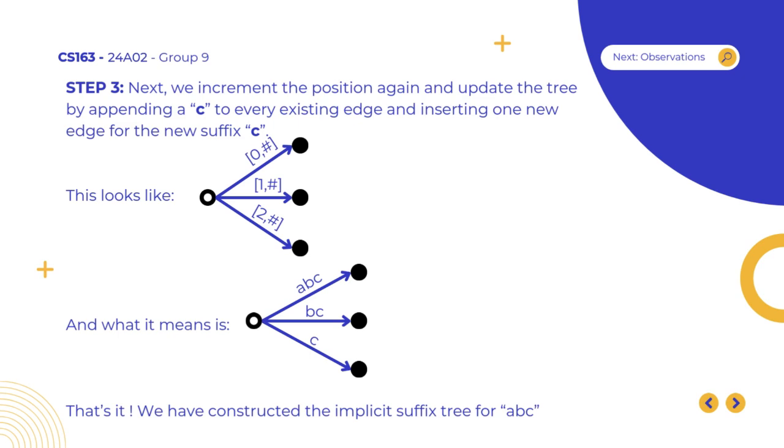So AB now becomes ABC, B now becomes BC, and we add in the new edge for C, which is the third edge over here. So we have three edges, ABC, BC, and C, and that's it. We've constructed the implicit suffix tree for ABC. Hooray! Very easy, I know.